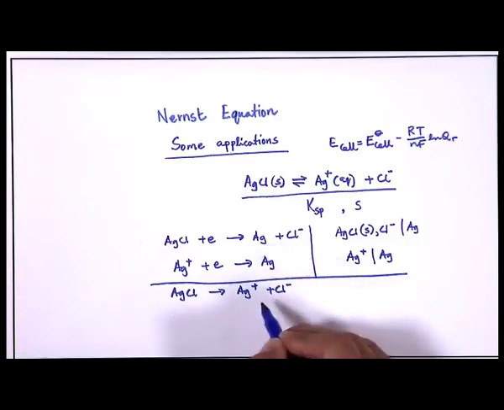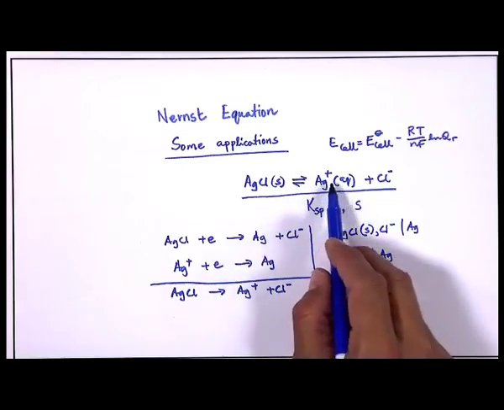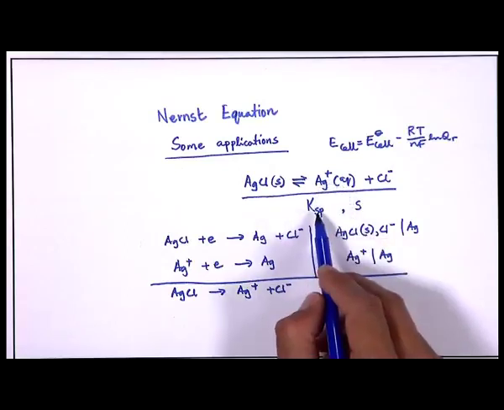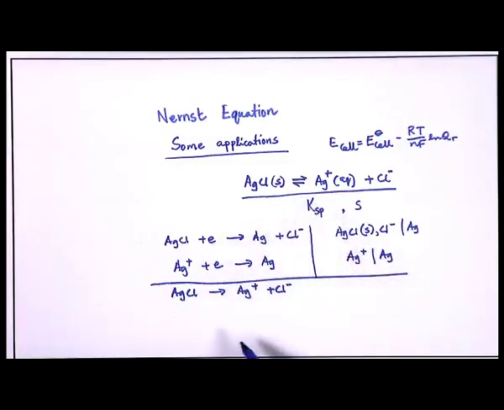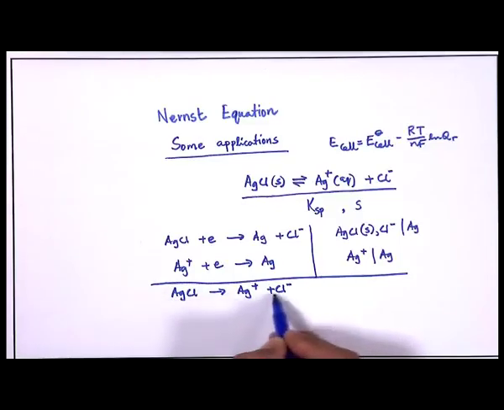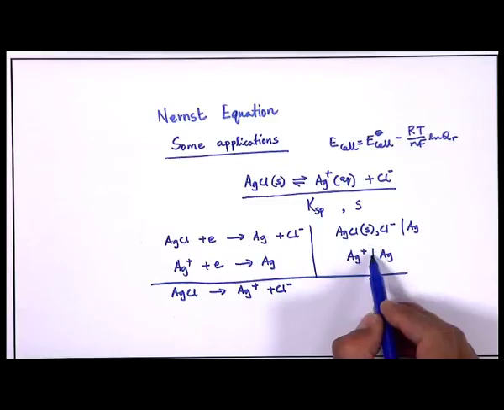So, we get the same reaction as the solubility equilibrium, because this is the equation that is involved for this particular quantity. Therefore, let us construct a cell having this overall cell reaction. The half cells will be this one and that one.